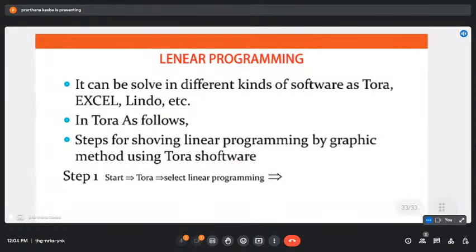If we understand the simplex method for linear programming, we can use TORA, or maybe LINDO, or maybe Excel for the simplex method.